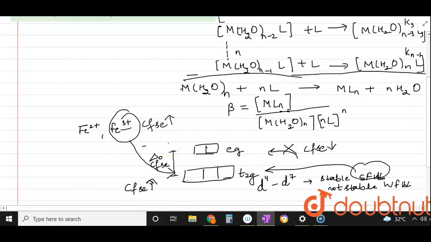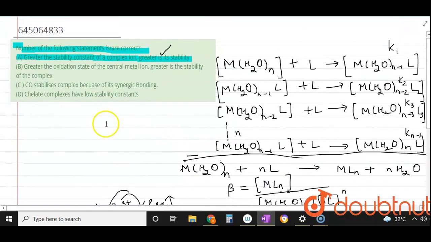So that's why our second statement, that greater the oxidation state of the central ion, greater the stability of the complex, yes, this statement is also correct, because as we have greater oxidation state, there will be more attraction between the metal and the ligand atoms. Also the electrons will tend to stay in the t2g level or in the lower energy state, and their crystal field stabilization energy will be higher.